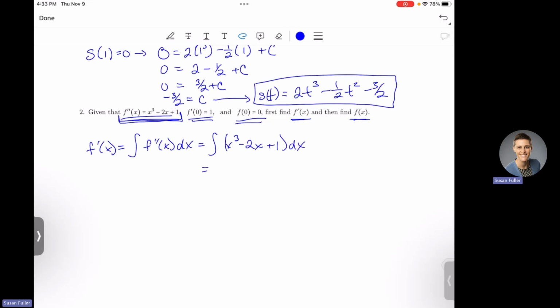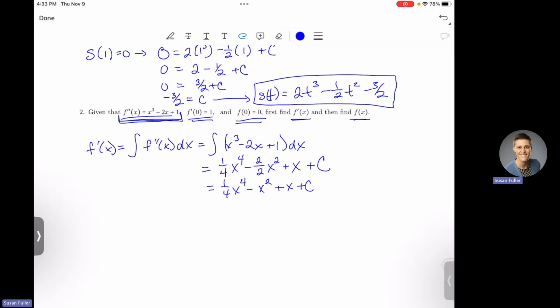And you can apply your power rules. We've been doing this a little bit, so I'm going to kind of rocket through this. Hopefully that makes sense to you. And we'll simplify that, and we get 1/4 x to the fourth minus 1x squared plus x plus c.